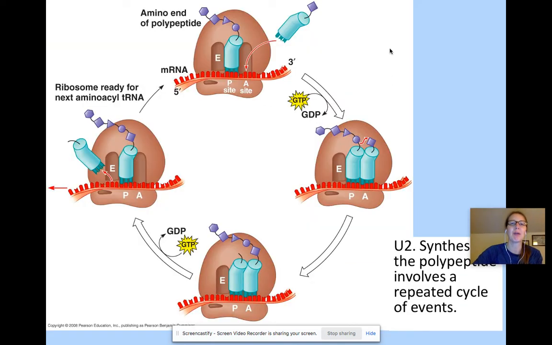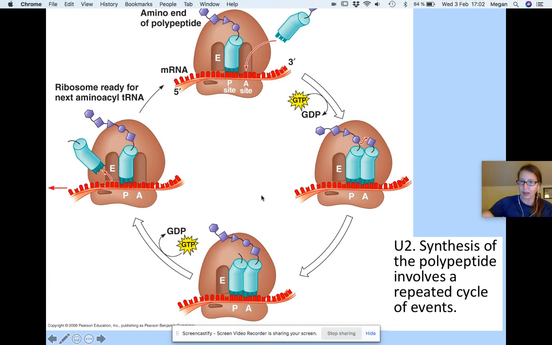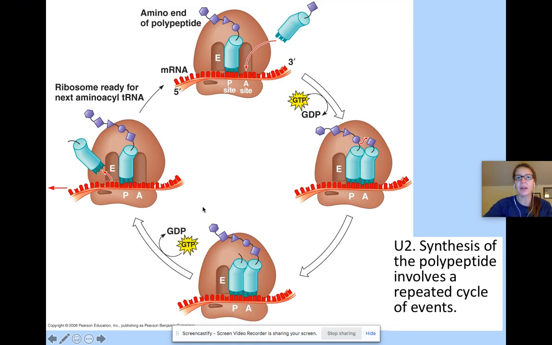Now we know that synthesis of the polypeptide, like we did last time in 2.7, involves these repeated cycles. When you're going through and doing it, you need to think about the sites and where they are. So here's our P site with the polypeptide. Then we get codon recognition, where the A site and the new tRNA will dock. And then we get the peptide bond formation happening.